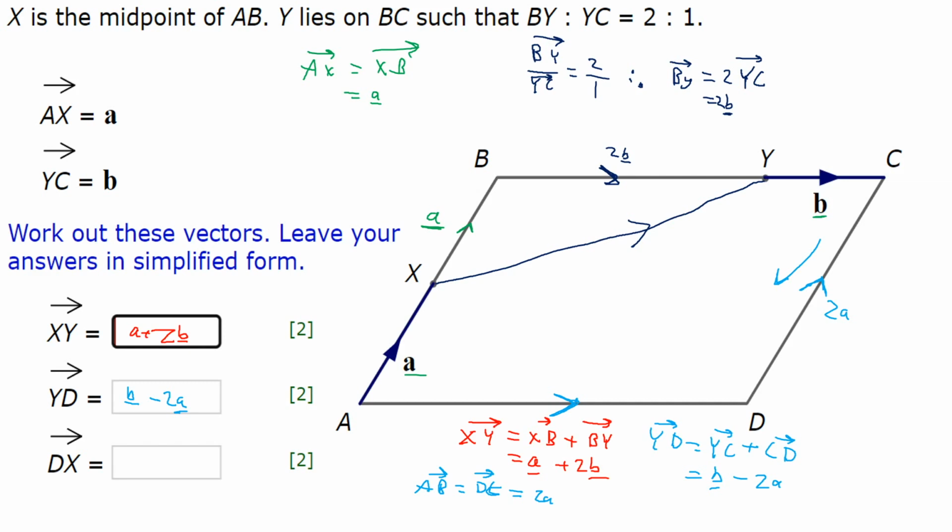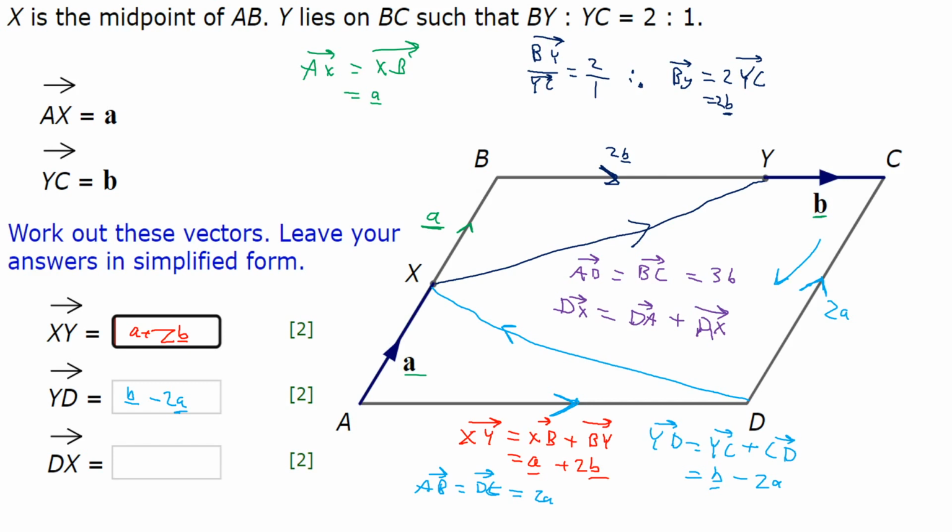And it's the same thing when we're working out D to X. I'll use a different color again. We know that DX is going to be DA plus A to X. And we know that because it's a parallelogram, AD is going to be BC, which is going to be 3b.